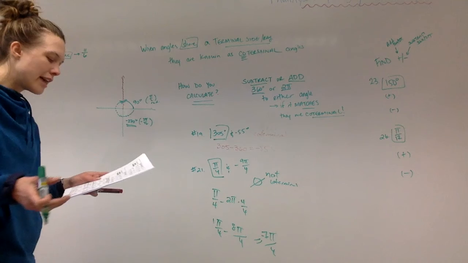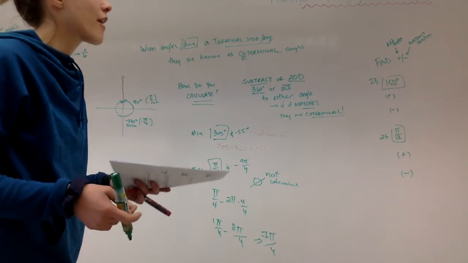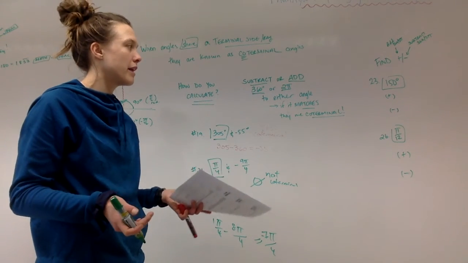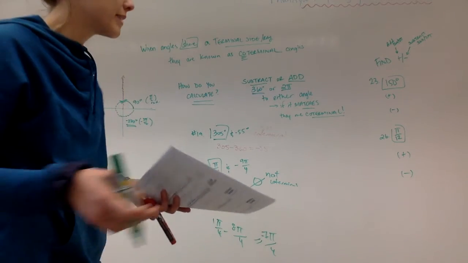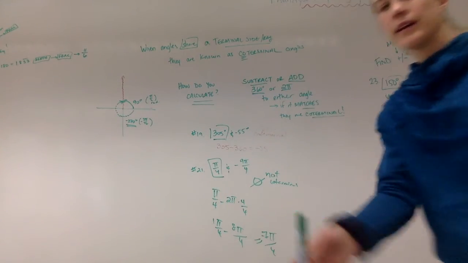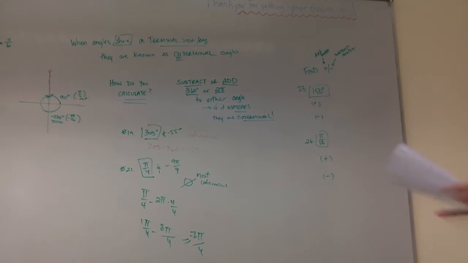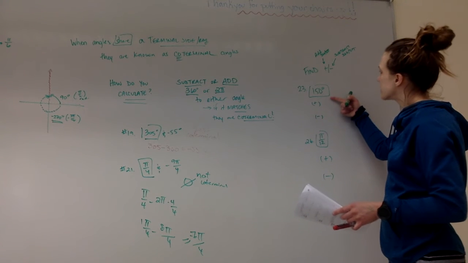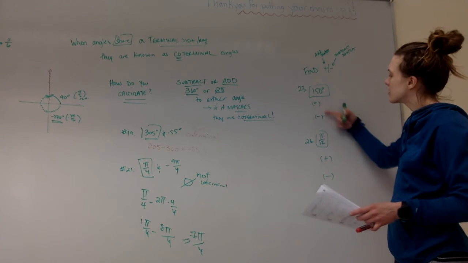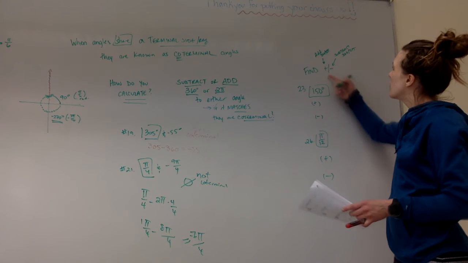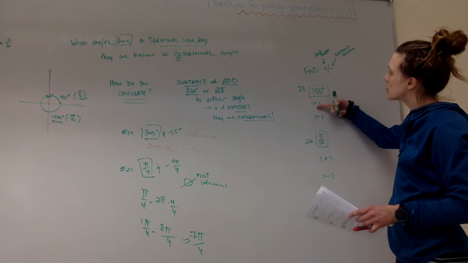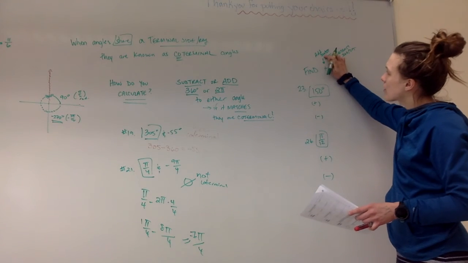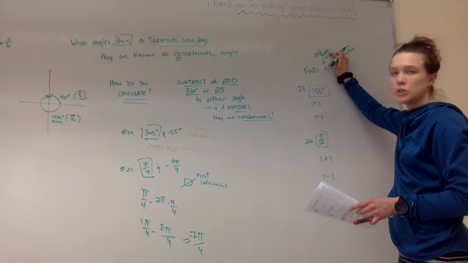Then 23 through 28 are asking us to find the coterminal angle to the angle measurement that's given. In 23, they give us 150 degrees and want the positive coterminal angle and the negative coterminal angle. Finding the positive coterminal angle means adding 360 or 2 pi.